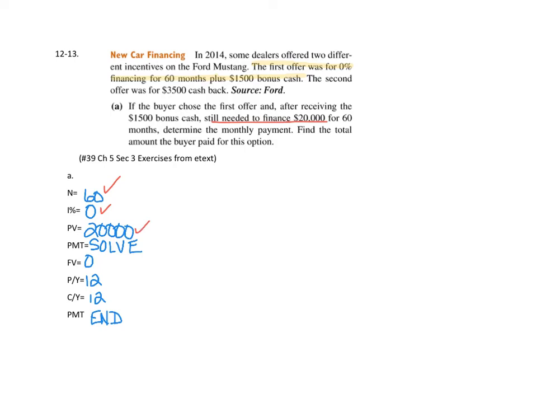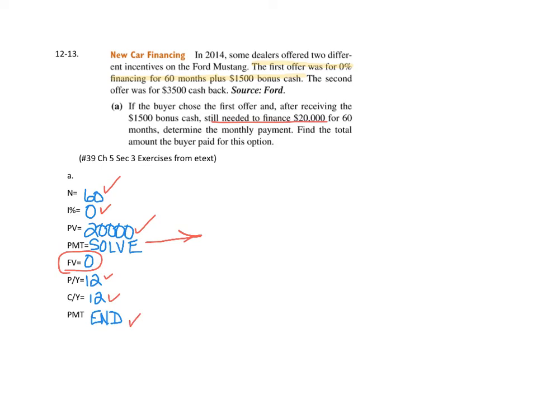So that's cash inflow to them to buy the car, and they're going to have to make payments to repay the loan. The future value of the loan, of course, you need that to be 0 because you want the car to be yours and it needs to be paid off. You're going to make monthly payments, and you're going to pay at the end of each month.